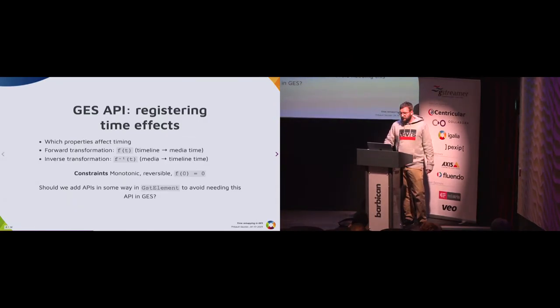We are also considering adding APIs in GstElement or maybe some specific interface so that elements can register themselves as time effects directly without requiring any API at the GES level. And it might be useful for other use cases, although I don't really have any in mind.